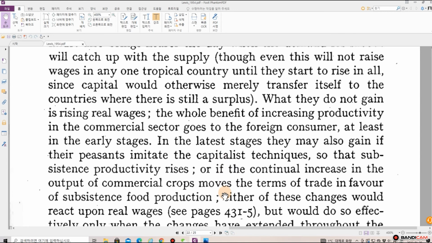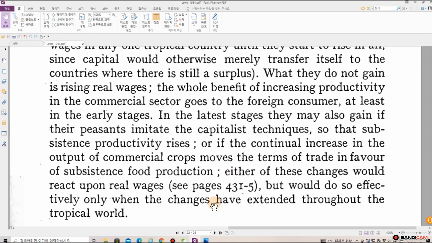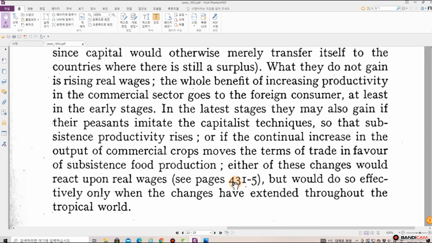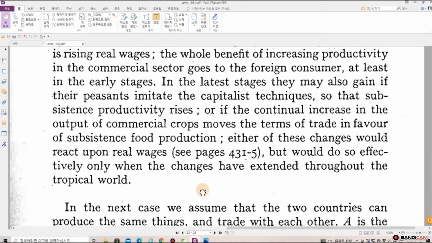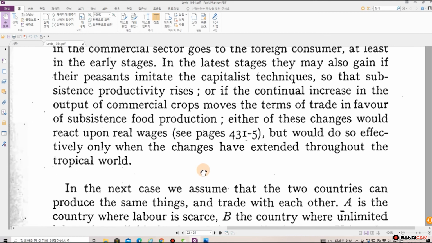Though even this will not raise wages in any one tropical country until they start to rise in all, since capital would otherwise merely transfer itself to the countries where there is still a surplus. What they do not gain is rising real wages. The whole benefit of increasing productivity in the commercial sector goes to the foreign consumer, at least in the early stages.